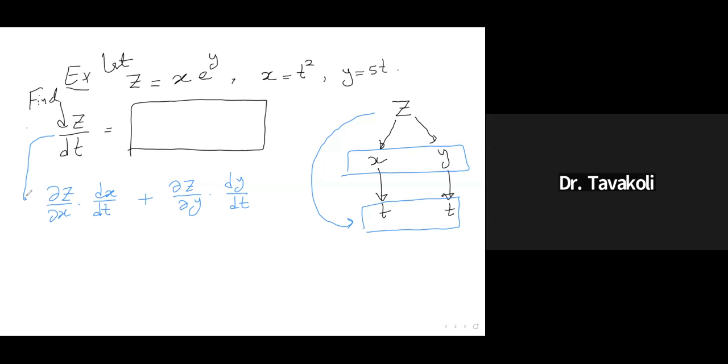So dz over dt is equal to the sum of these two products.